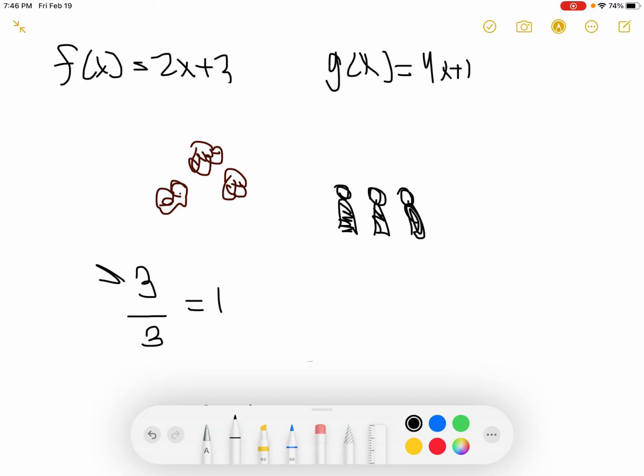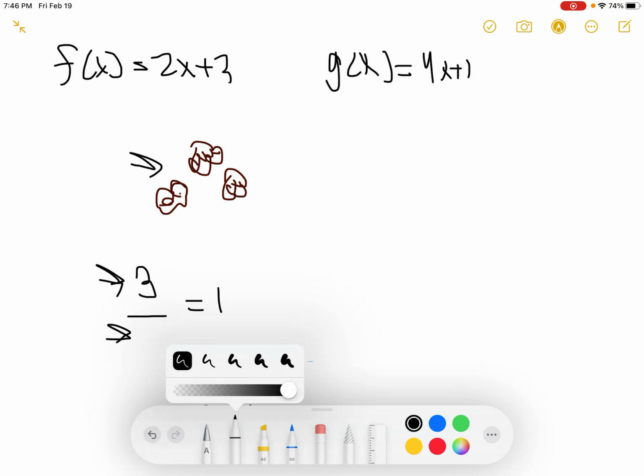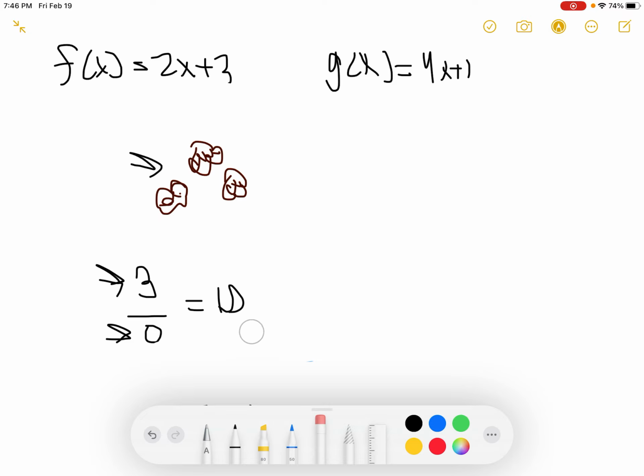On the top, you say how many of the thing there is. There's 3. And on the bottom is how many people there are, 3. But if you have no people, 0, that is not a thing, because what's the point? If you have no people that want the cookies, you can't divide it. You can't divide it, because that's not even a possible situation to solve for. So that's the reason for that.